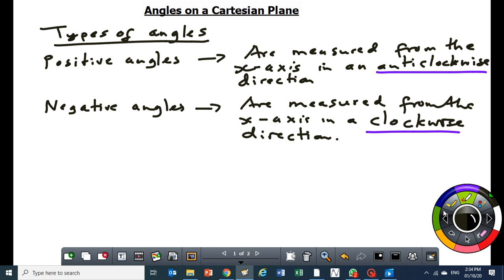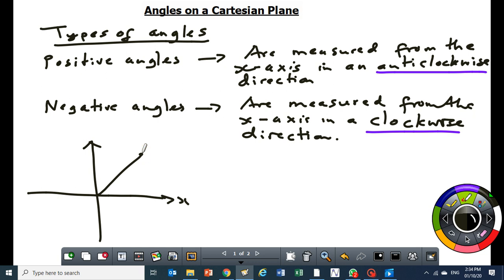Now, if you have got a Cartesian plane, it means if the angles are positive, they will be measured from the x-axis in an anti-clockwise direction. So the positive case is like this. If I draw my Cartesian plane like that, and if I put a terminal ray, this is what it's called, a terminal ray.